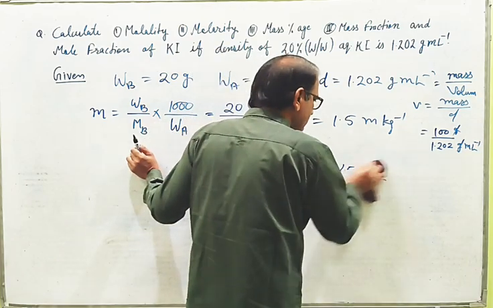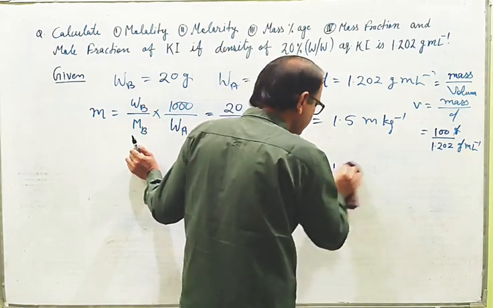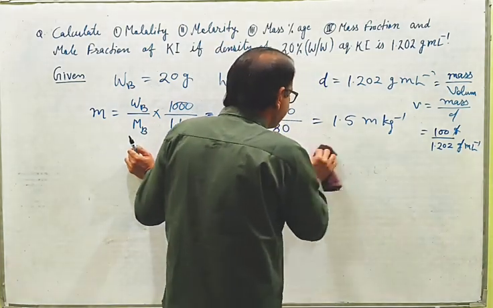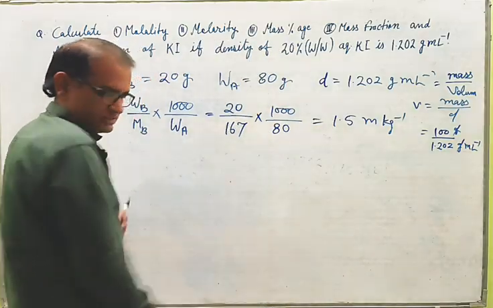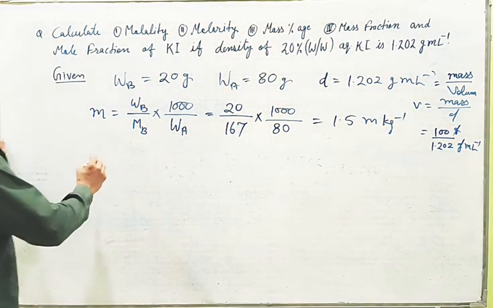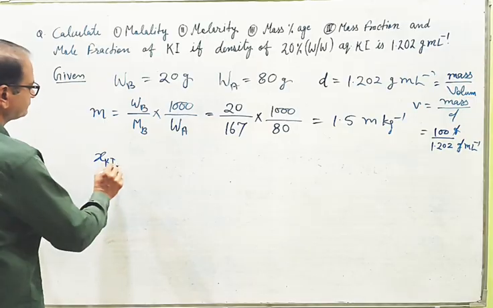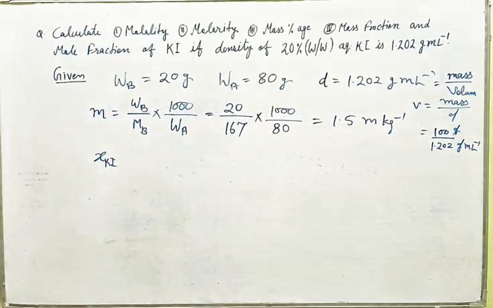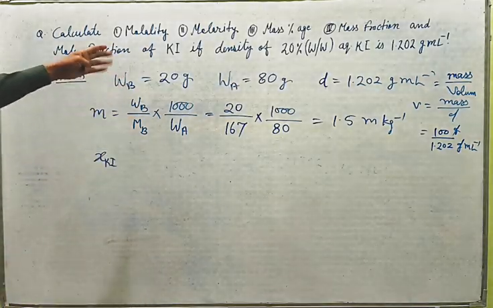Let us see how much it will come. So mole fraction, X of KI. Instead of B we should write KI because it is asked for.